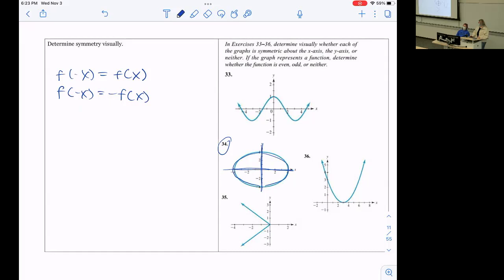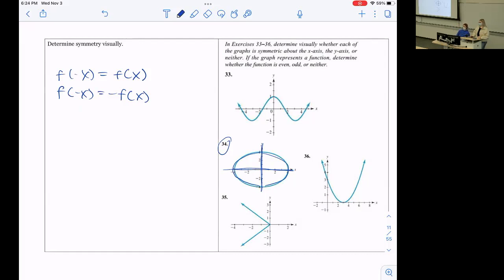So you'll look for symmetry across the line where y is equal to x, and that's just that diagonal line on your graph. If you see a mirror image across that diagonal line, that means it's symmetric across the origin. A good example of that is x cubed. If you look at that graph and also put in y is equal to x, you should be able to see that it looks the exact same on both sides.